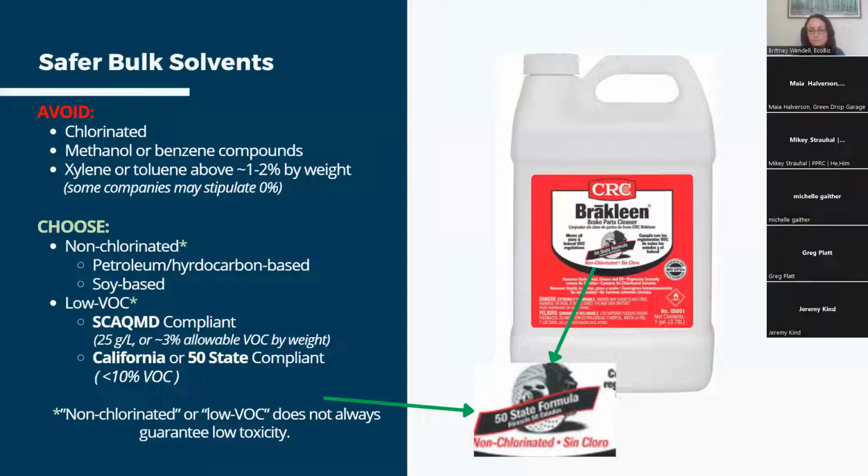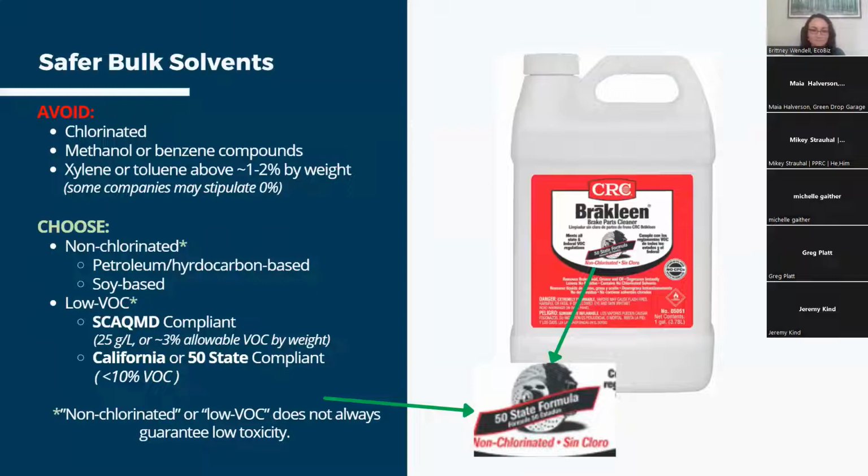And then the low VOCs, that's a big important thing too, although the low VOC products may still contain some of these, xylene or toluene or some of the non-chlorinated items. So we have this SCAQMD. I'll show a picture of that in a minute. That's the South Coast Air Quality Management District in California, and they have a really low standard.